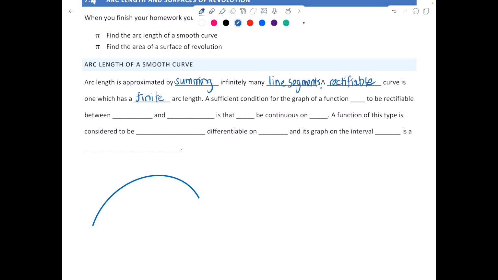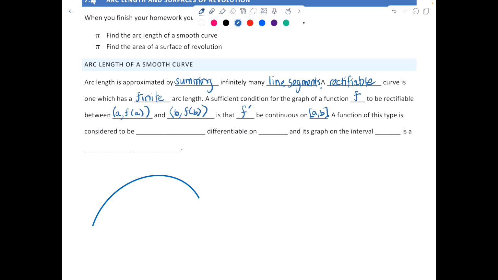A sufficient condition for the graph of a function f to be rectifiable between (a, f(a)) and (b, f(b)) is that f be continuous on the closed interval from a to b. Sorry, that is, f prime is continuous.